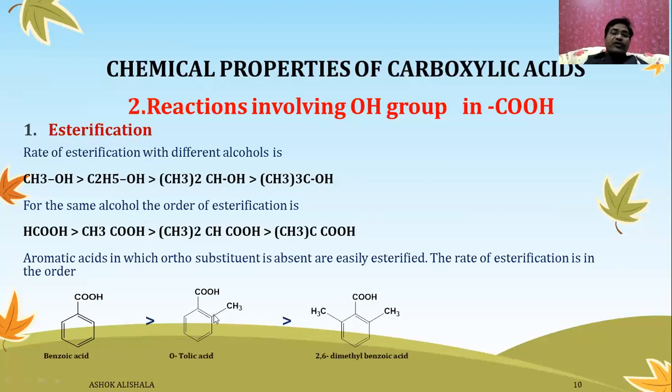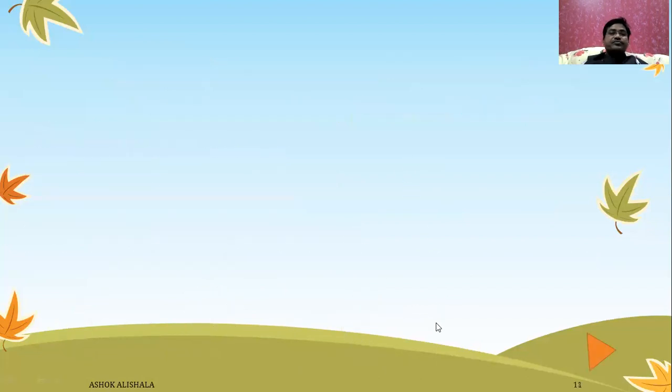If you observe, when a group is present at the ortho position, some steric factor influences the esterification reaction. That's why the absence of any group at the ortho position increases the rate of the esterification reaction.